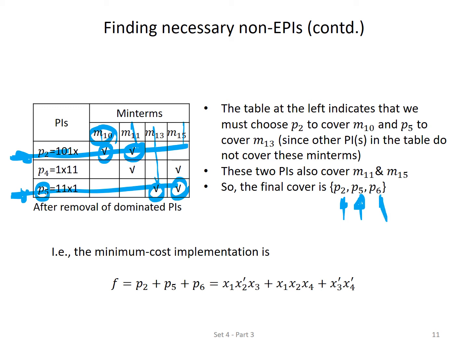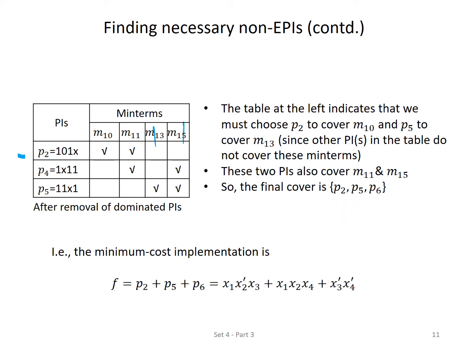And P6, that was discussed earlier, is our essential prime implicant. And these three implicants together cover all the min terms for which the function has a value of 1. So the final expression for the function is shown here, the logical sum of these prime implicants, and their expansion, that means their SOP form, is shown here.